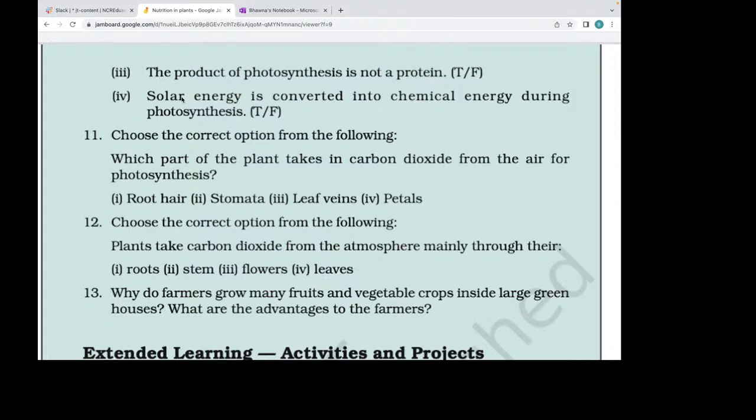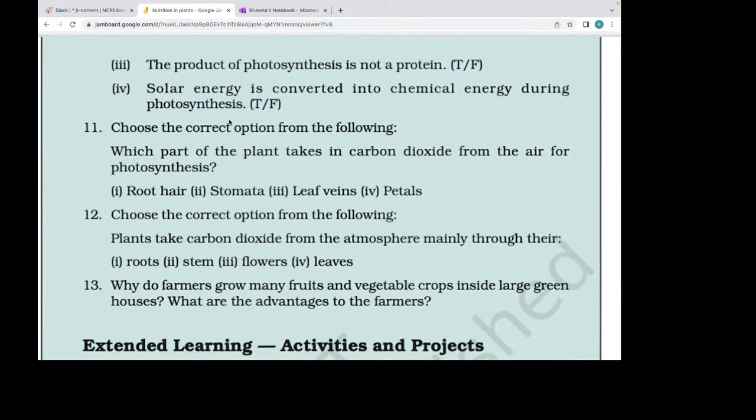Okay, solar energy is converted into chemical energy during photosynthesis. Yes, plants use sunlight, that is a source of solar energy, and convert it into chemical energy to perform this chemical reaction called photosynthesis. Okay, so this statement is true.